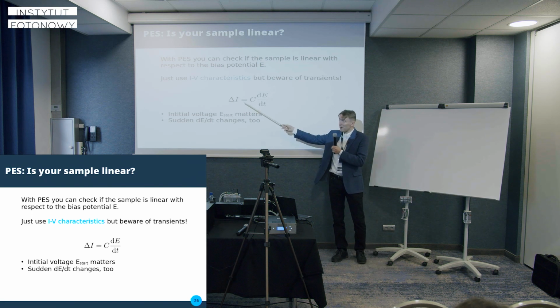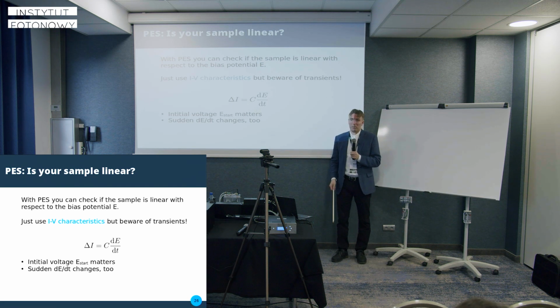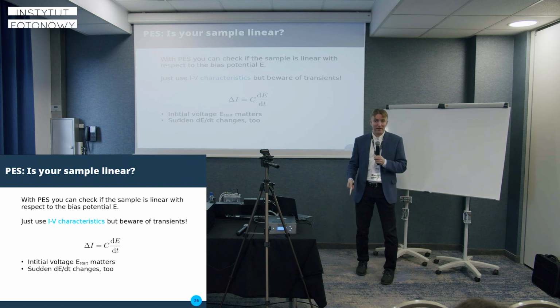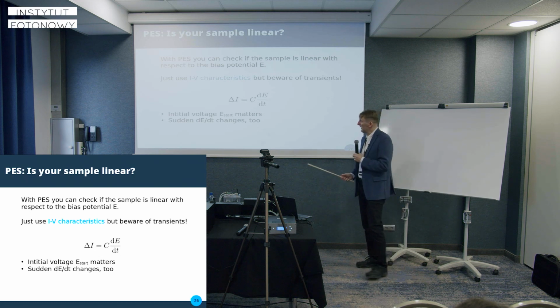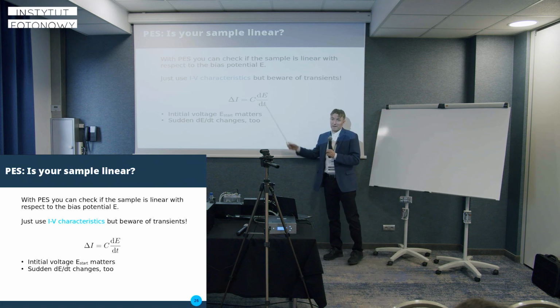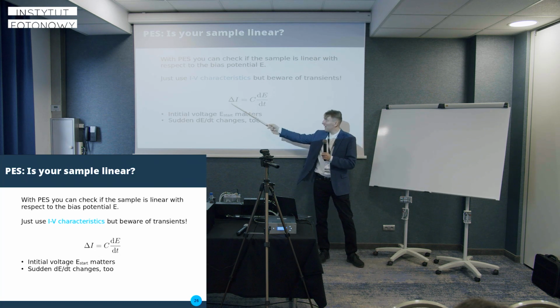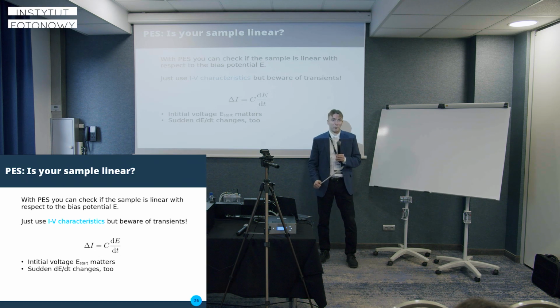And this is described by this simple equation. It happens if your sample has a capacitance. So if there is a non-zero capacitance in your sample, then the jump in this potential will cause a spike of current. And this is exactly what happened.